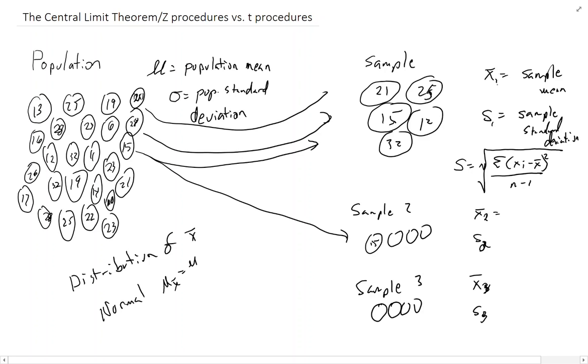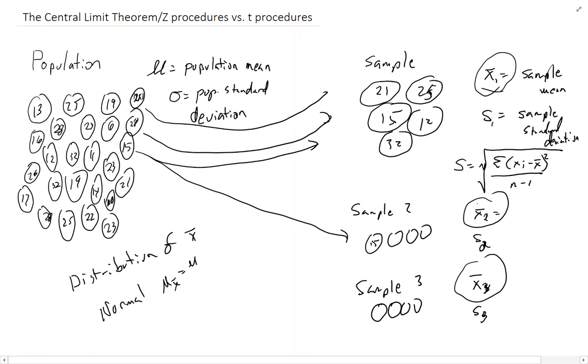So if you look at all the different possible samples you could come up with and find the average of those averages, it's kind of a double average there, it turns out that average should, according to the central limit theorem, work out to be exactly the same thing as the population mean. All right, so that's good.